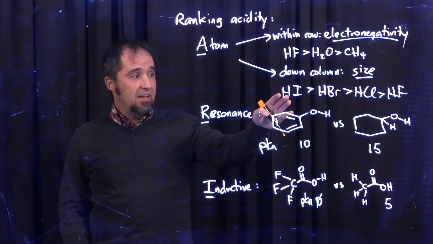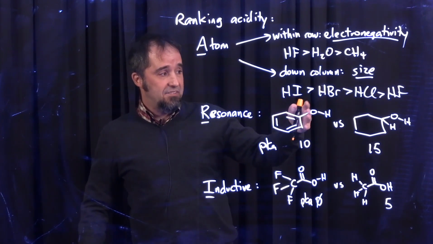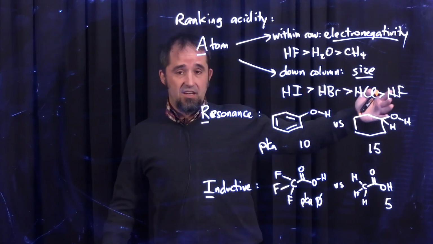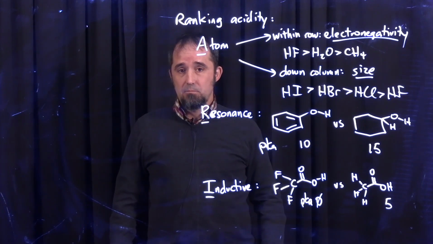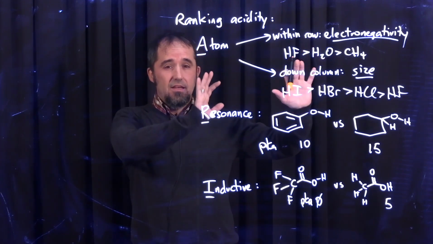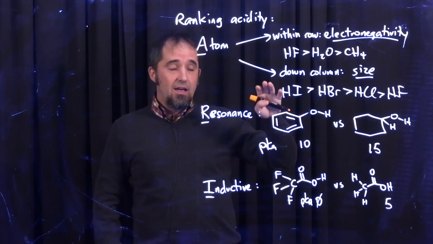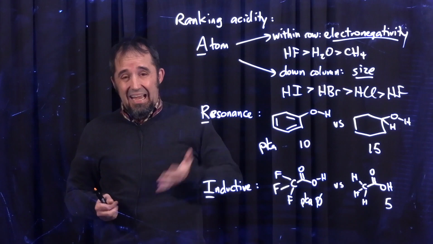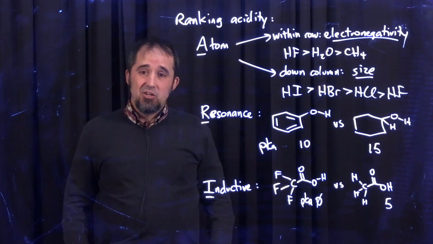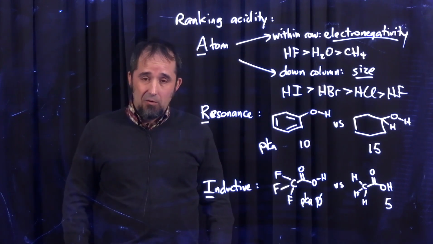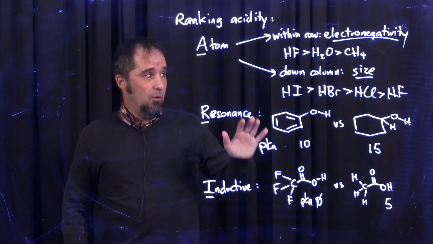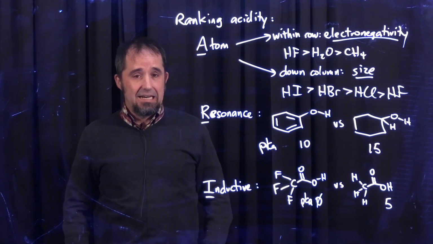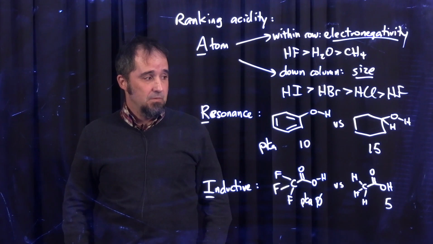So here, HI is a stronger acid than HBr, a stronger acid than HCl and HF. Okay. So that's kind of, I think, the easier one, comparing atoms across a row or down a column. What about diagonal? Well, that's not really a good hard and fast rule. So I can't help you there. But we can use a periodic table for columns and rows pretty quickly.